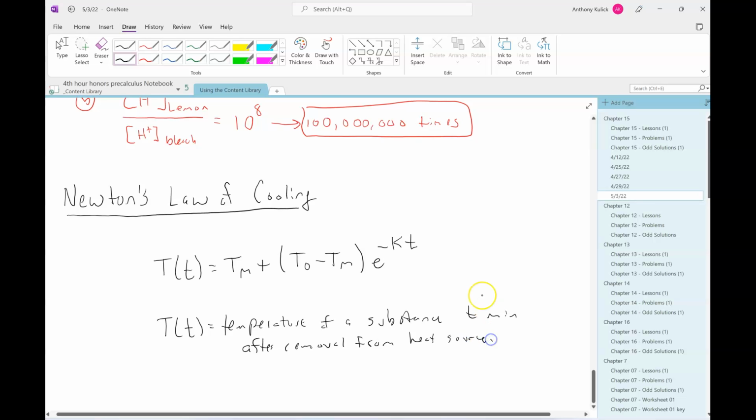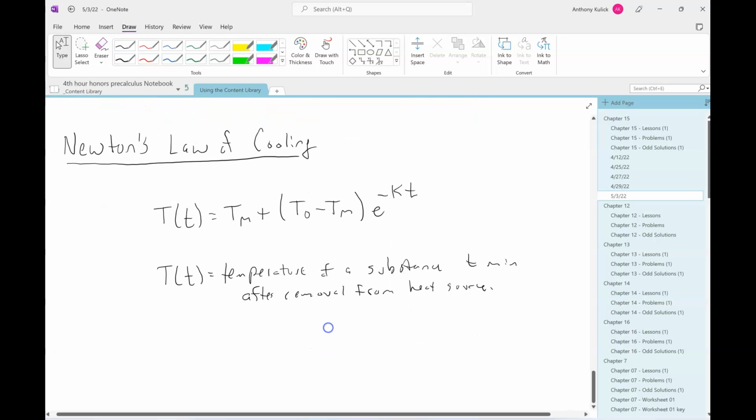So that would be like 3 minutes after you pull your pizza rolls out of the oven, and you take a bite and your mouth is filled with like lava pizza filling and you burn your mouth. Everybody's had that happen to them, I bet. Pizza rolls are notorious mouth burners. Hot chocolate, too.